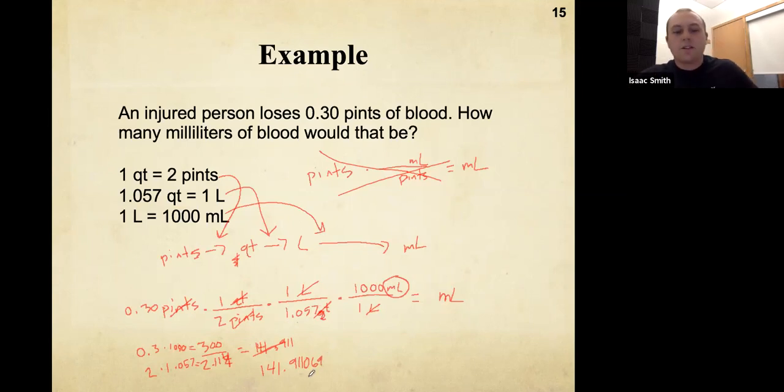Okay, so that's the number that you come up with in your calculator. Now there's one last step before we can report the final answer. We need to know how many significant figures we can report in our answer.